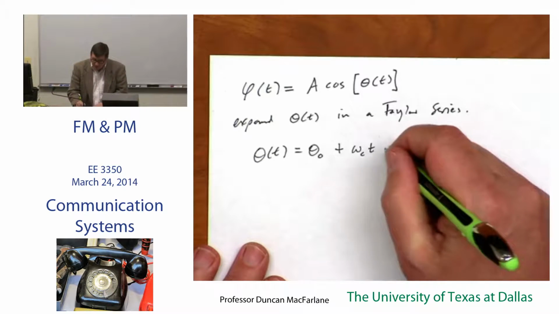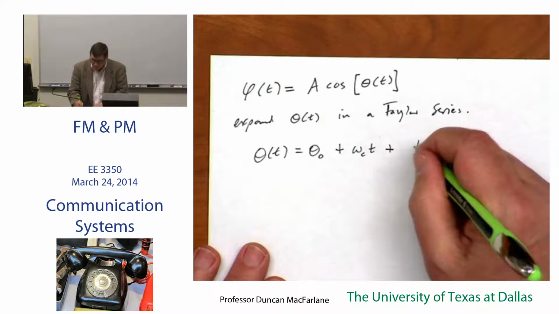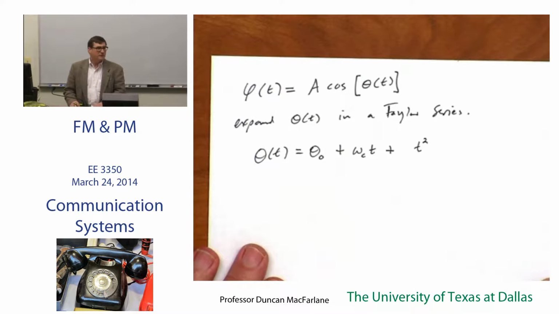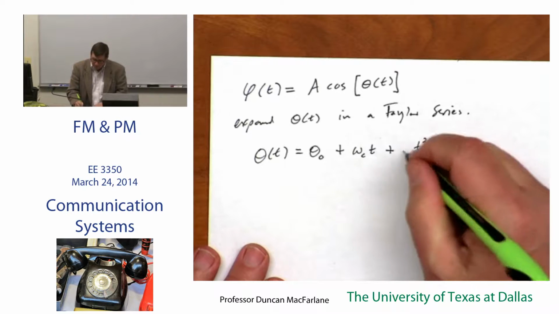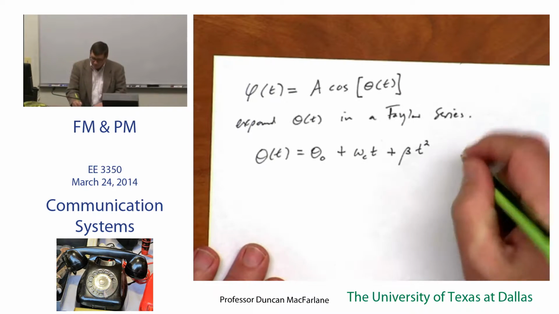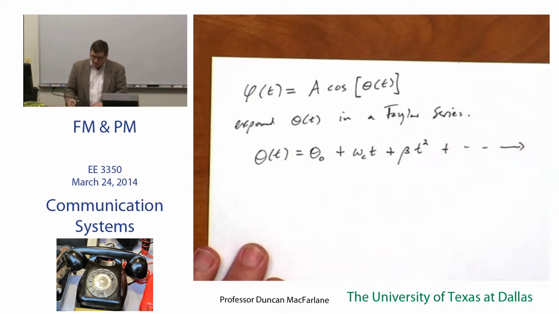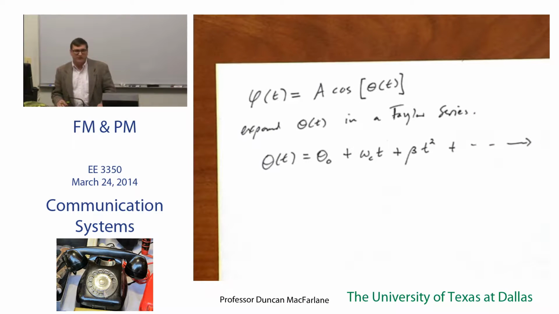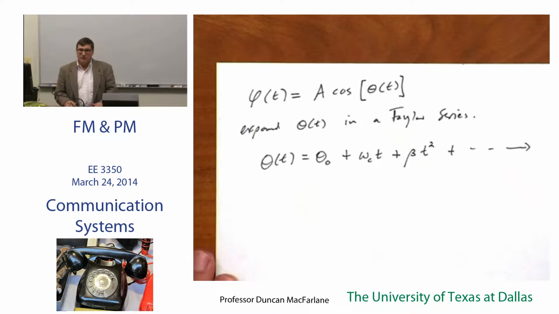And then it'll have a higher order term, t squared, and I'll label that beta. And then, in general, it can go to infinity. So any function whatsoever can be shoved into the argument of the cosine to describe how you accumulate phase. Okay?